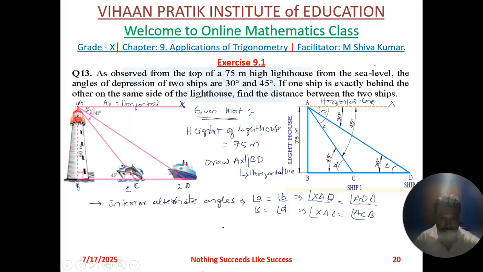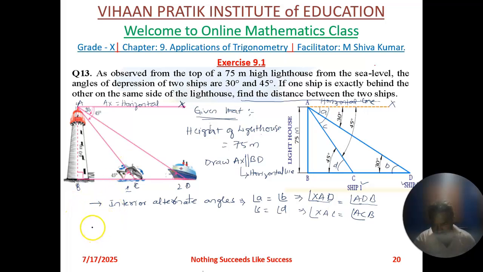So remember this. We'll consider tan 45. And one more thing, we need to find out the distance between the two ships. This is ship number 1 and this is ship number 2. So the distance between these two ships is CD.